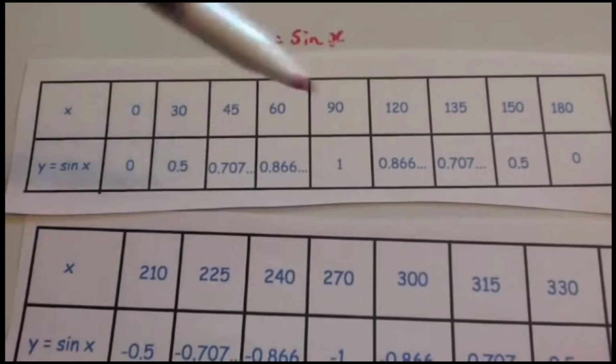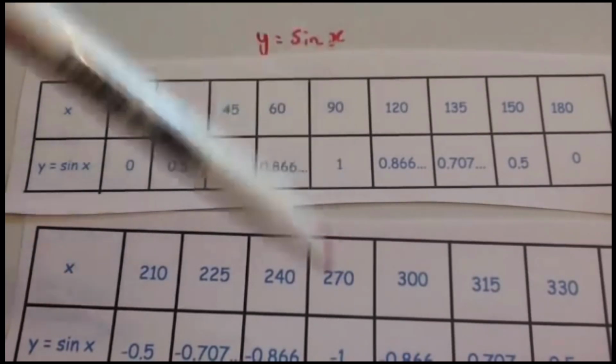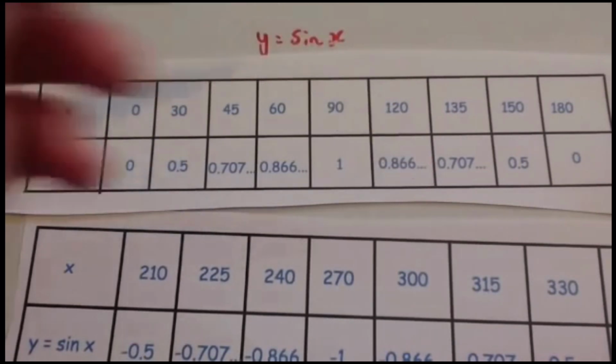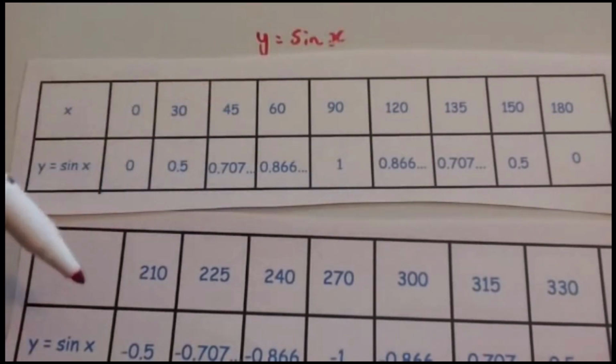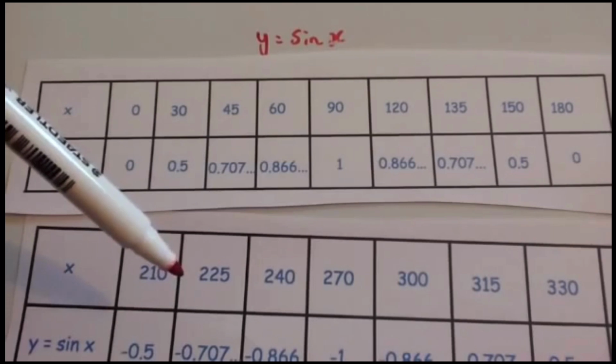The second quadrant is positive, the first quadrant is positive, and the third quadrant seems to become negative, and the fourth quadrant is also negative. So basically you must know the special values.